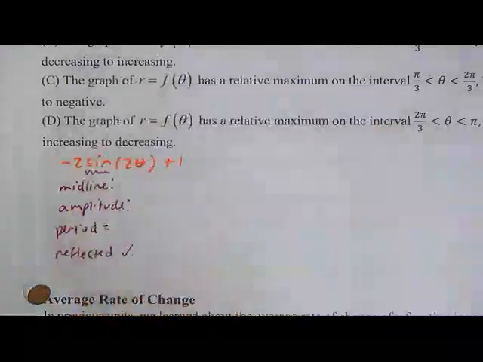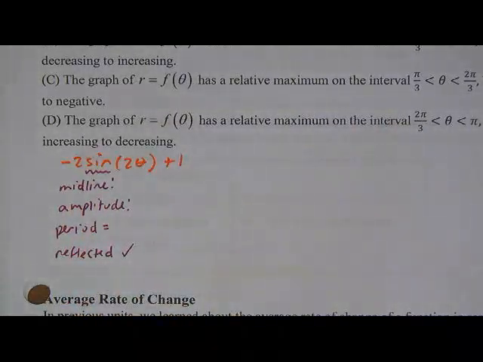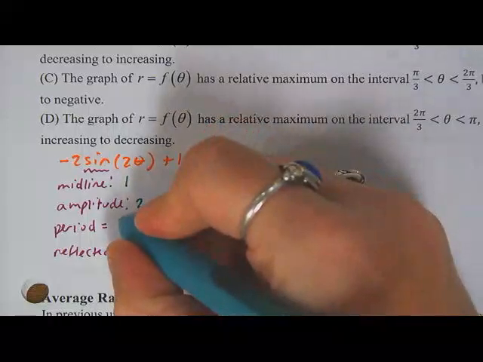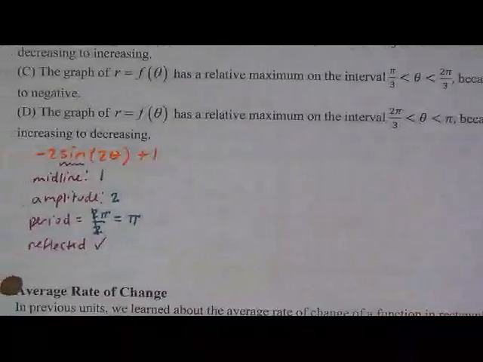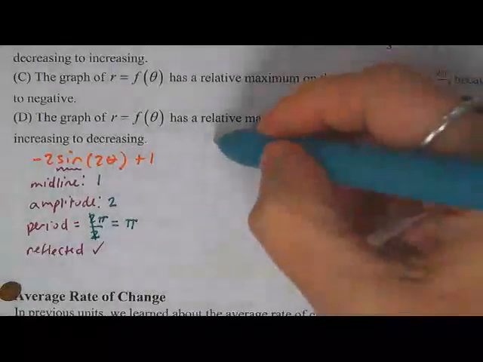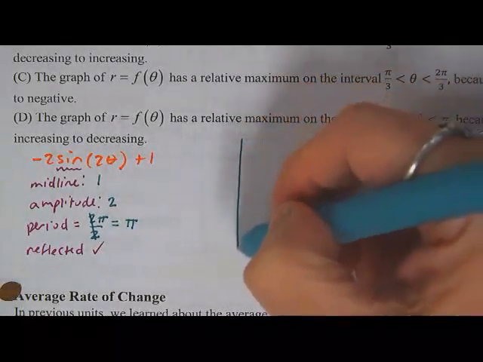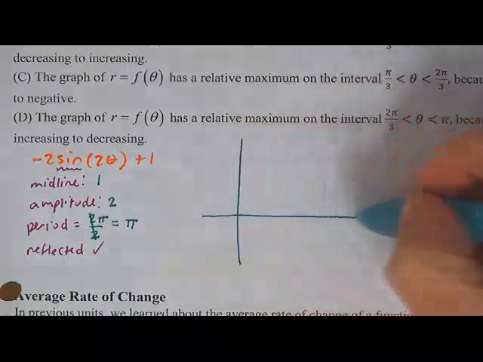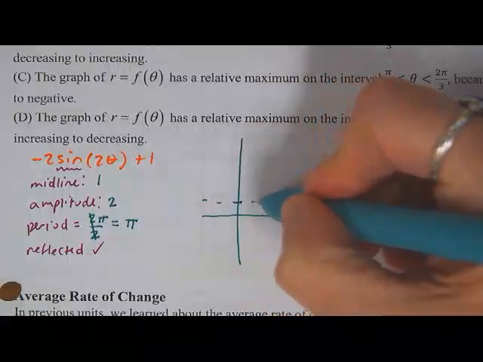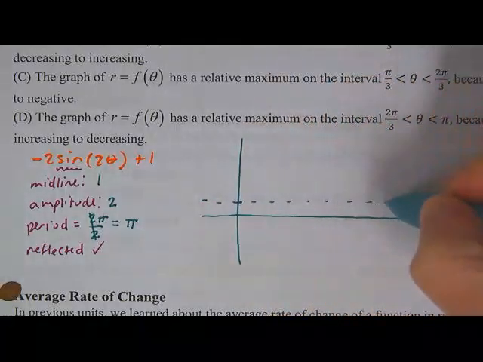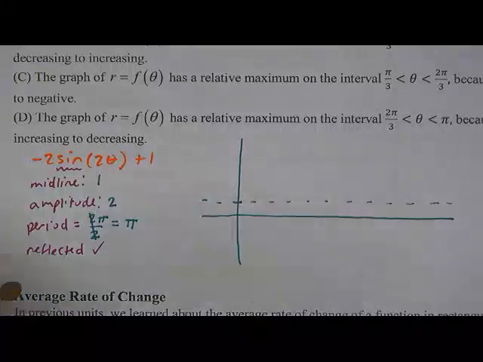And it is a sine graph, so we're going to start on the midline. And then double check that you got all of those right and start graphing this thing out.